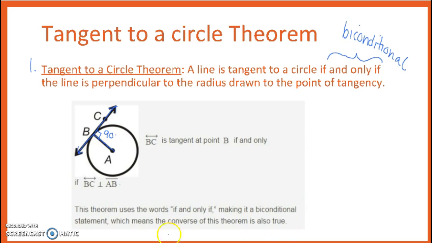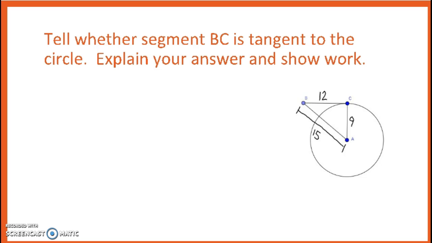So let's practice a problem involving this theorem. Here we want to tell whether segment BC is tangent to the circle. We want to explain our answer and show our work. So if BC is tangent to circle A at the point of tangency drawn to the radius, so this is our radius, this is the line we want to determine if it's tangent, then these segments must form a right angle.